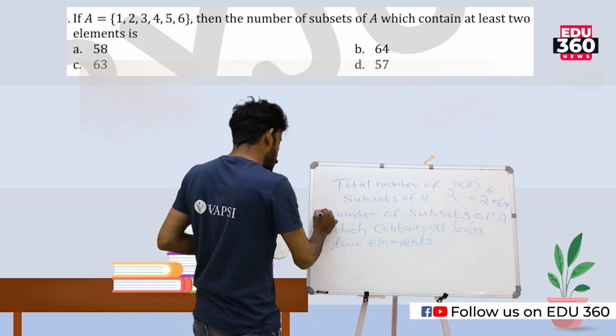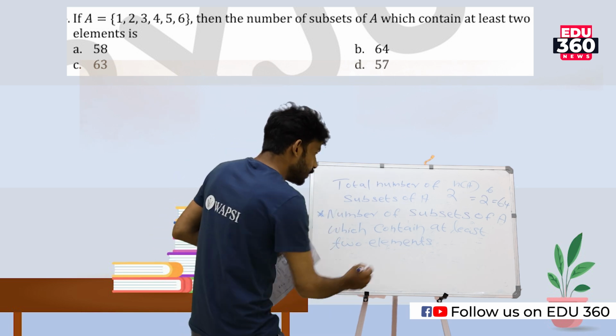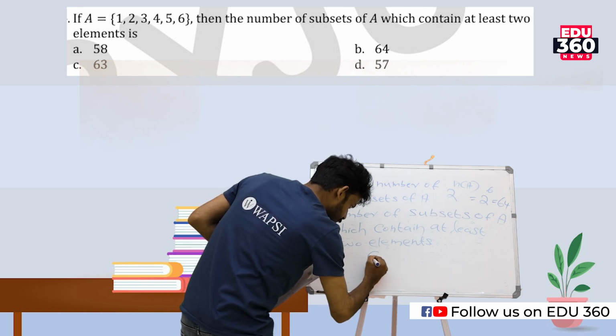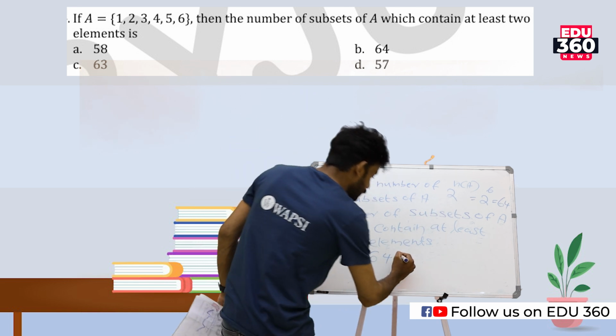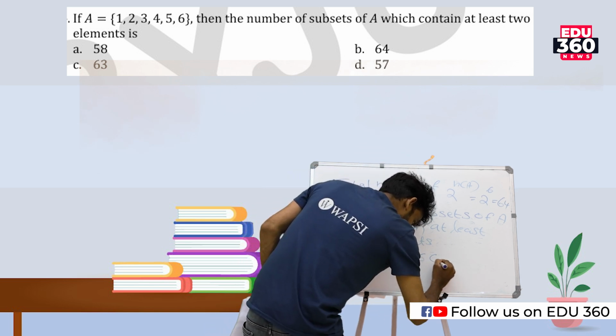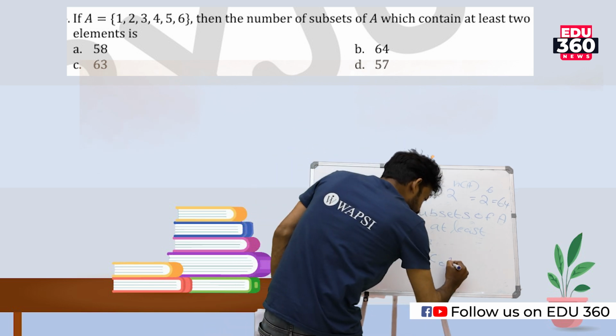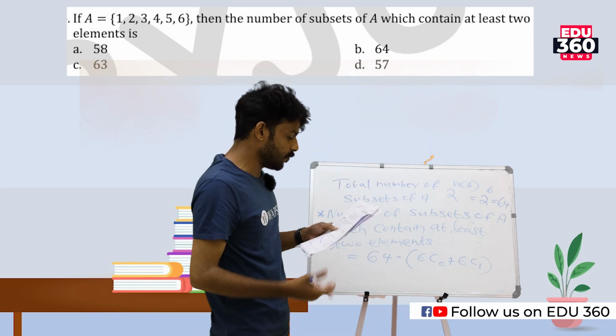So that is equal to, so we can write it as at least 2 elements, what is the total? Total is 64, which is equal to 64 minus at least 2 elements. So that is 6C0 plus 6C1, at least minimum 2. Okay.